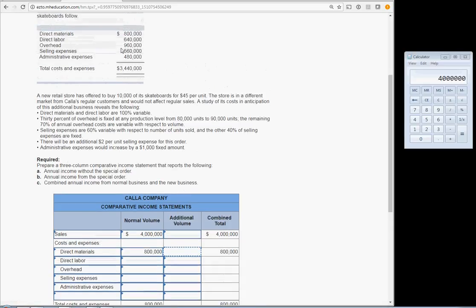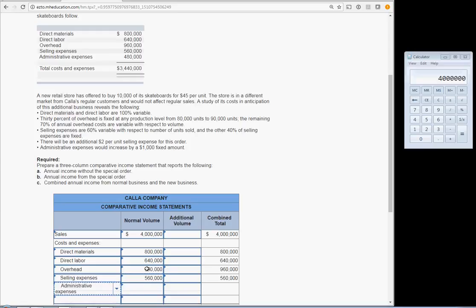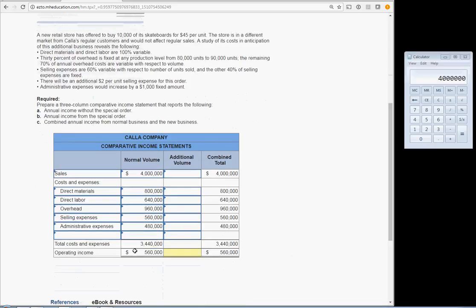It already tells us that direct labor is 640,000. Overhead was 960,000. This is just our normal volume. This is what we already know. Our selling expenses are 560,000. And our administrative expenses are 480,000. That said, we have an operating income of 560,000.